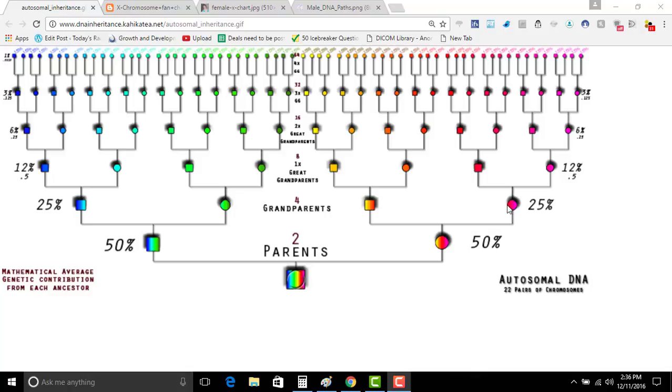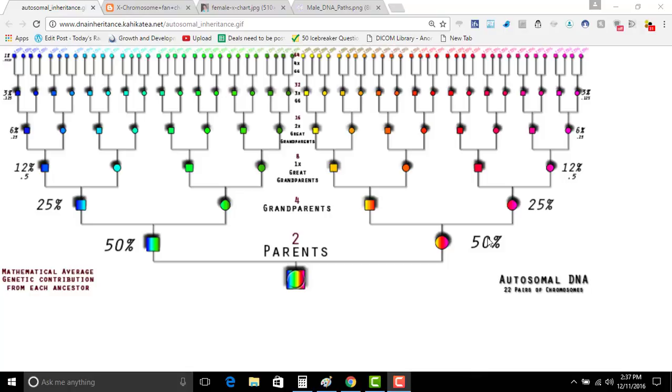Well, that means you get 25% from your maternal grandmother, maternal grandfather, and 25% from your paternal grandmother and paternal grandfather. So that makes up your 100% because, like I said, you get 50% from your father. And then he got 50% from his father, who got 50% from his father, and you just keep on going back.